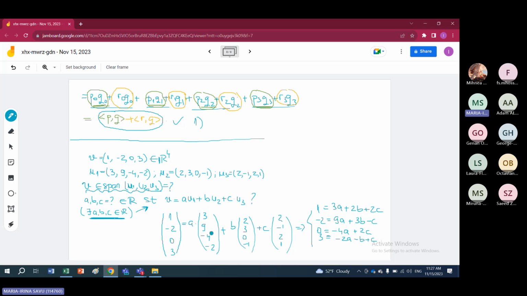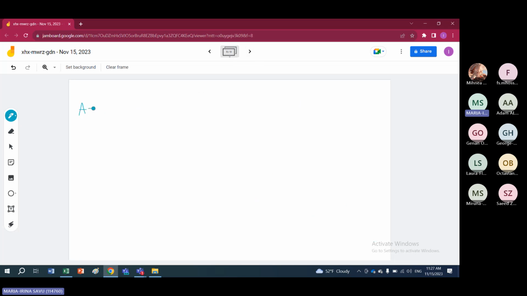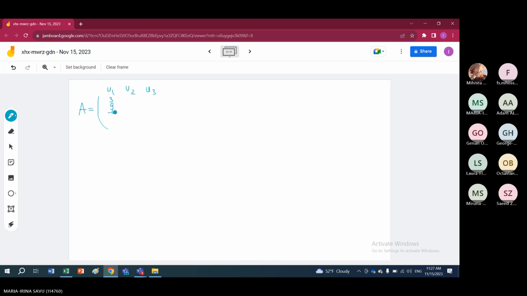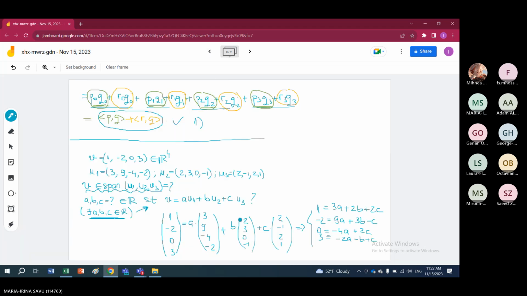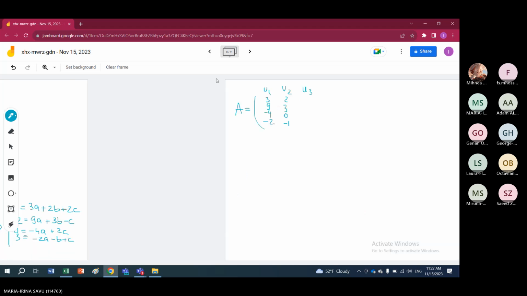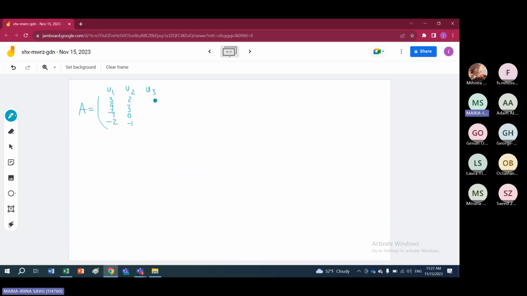This is why I wanted to write them on columns, to see better that the matrix associated to this system is the matrix in which you put U1, U2, and U3 on each column. So the matrix A has rows (3, 2, 2), (4, 3, -1), (-2, 0, 2), and (2, -1, 1).